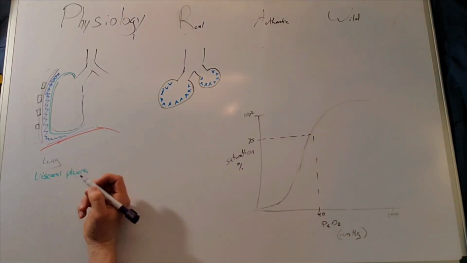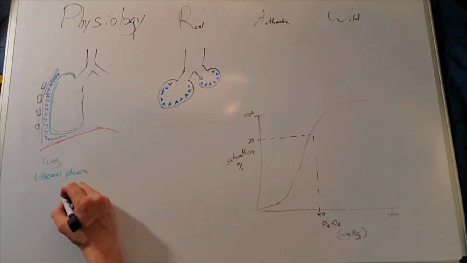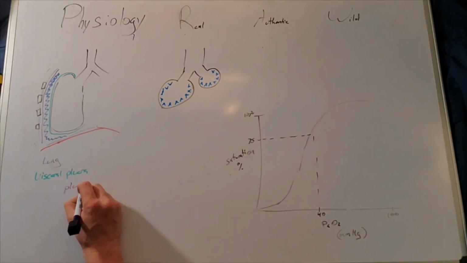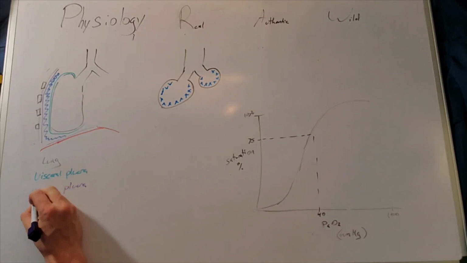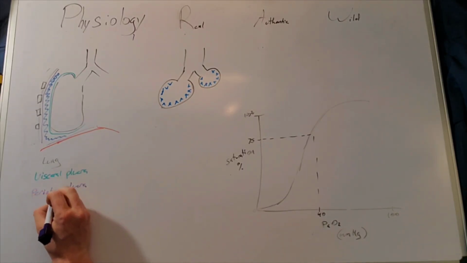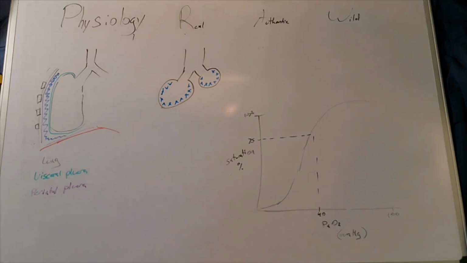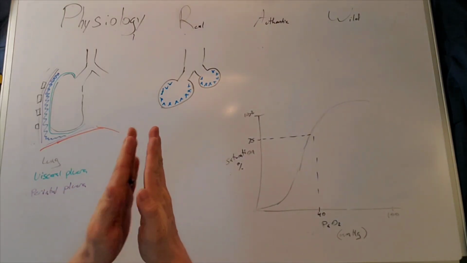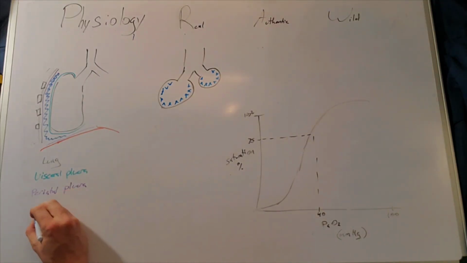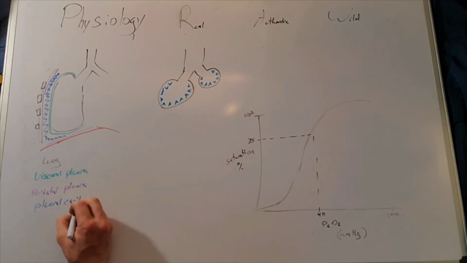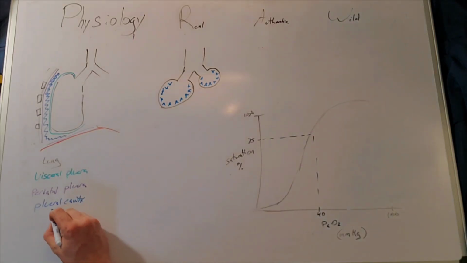Purple is also a pleura. It's the parietal pleura. So there are these two membranes up against each other with a little bit of space, and that little space is the pleural cavity, and in that space there's a little bit of fluid.